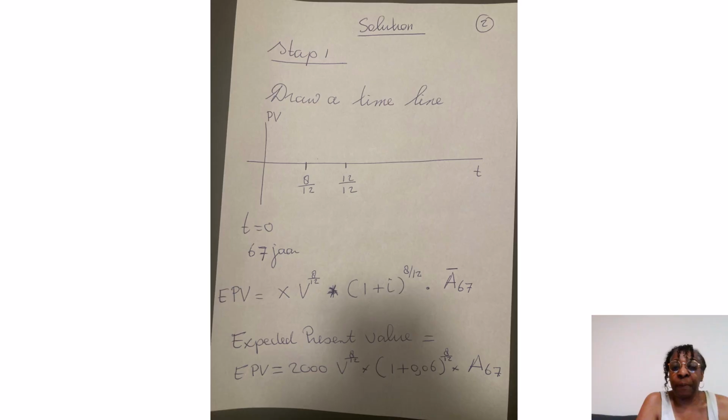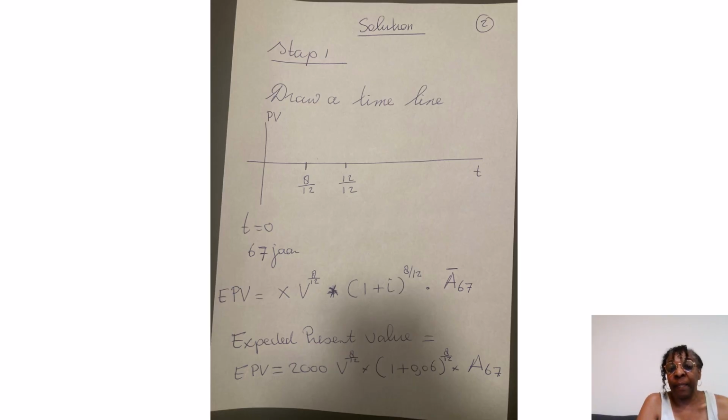But here it is payable after 8 months. And in those 8 months, interest is also made over the 8 months. Then we use the expected present value.